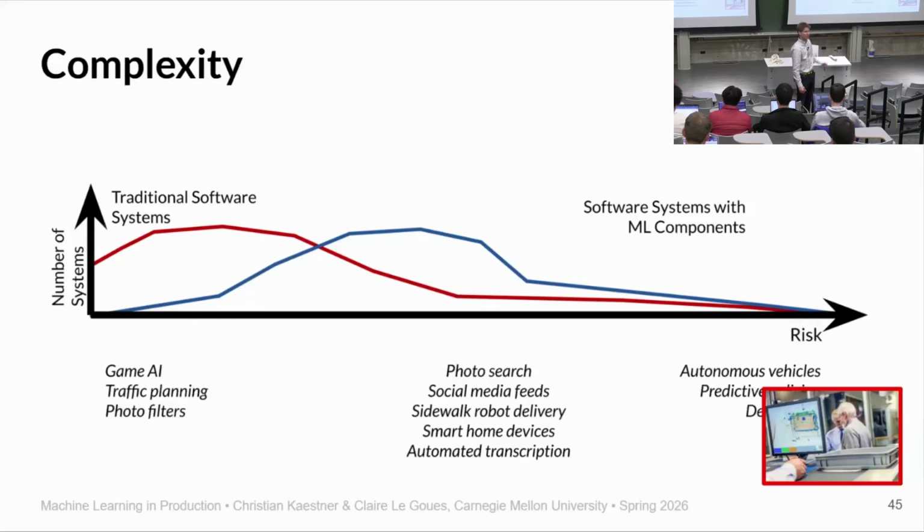We need to think about mistakes. Social media feeds, right? Sidewalk delivery robots we talked about at some point, how this can create safety hazards. Smart home devices, automated transcriptions, we talked about how a mistake in a medical transcription can have serious consequences, right?